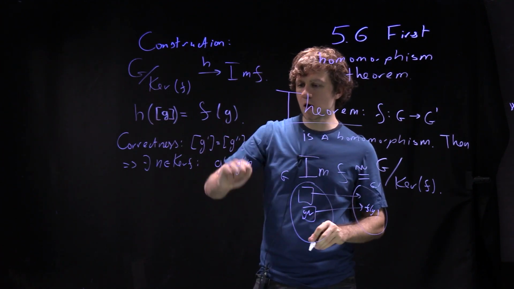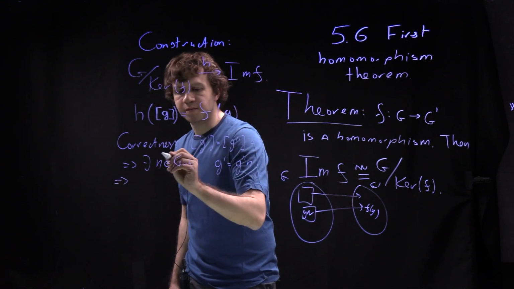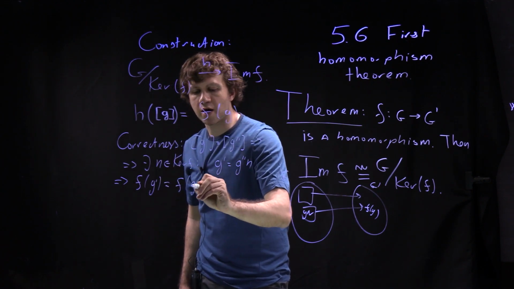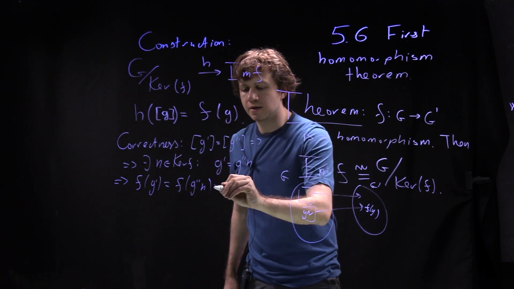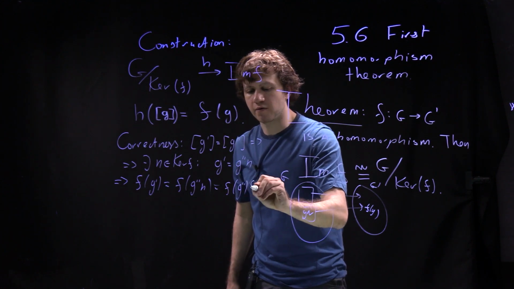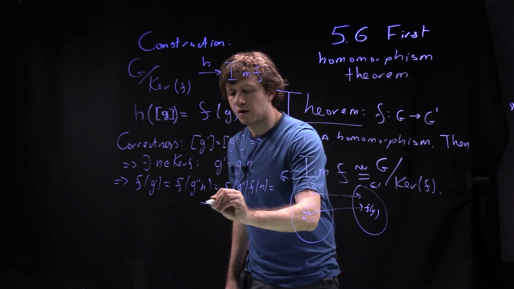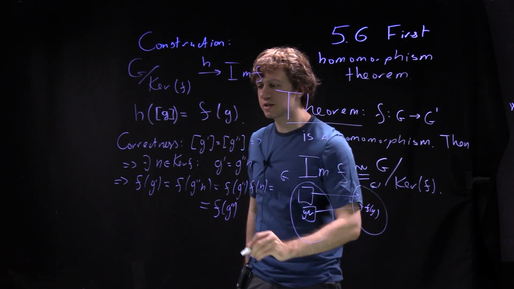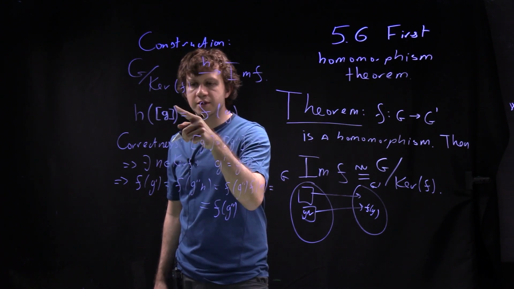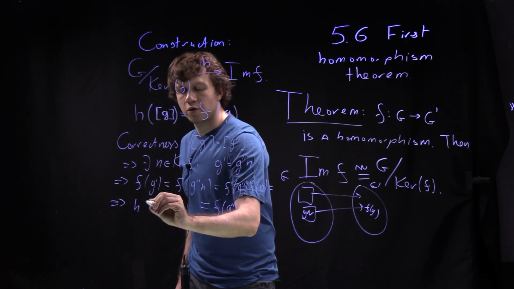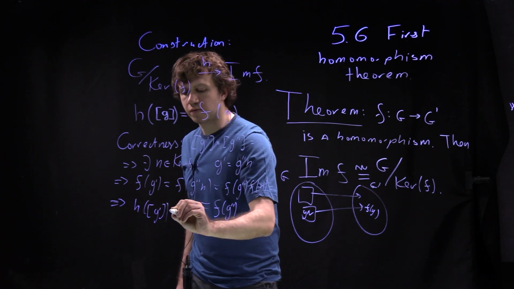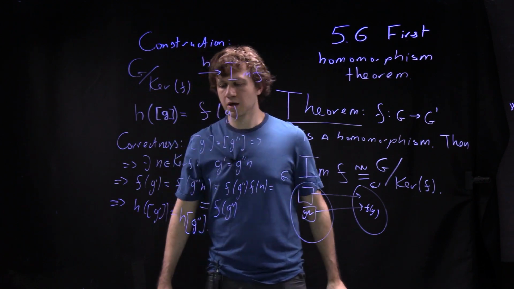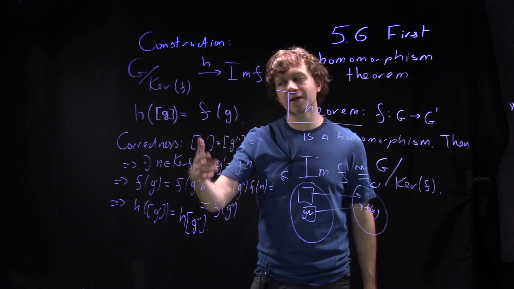And then we know that this means that f of g prime will equal f of g double prime n, that's f of g double prime times f of n, which is f of g double prime. Everything is very obvious. So it means if two classes are the same, then h of g prime equals h of g double prime.